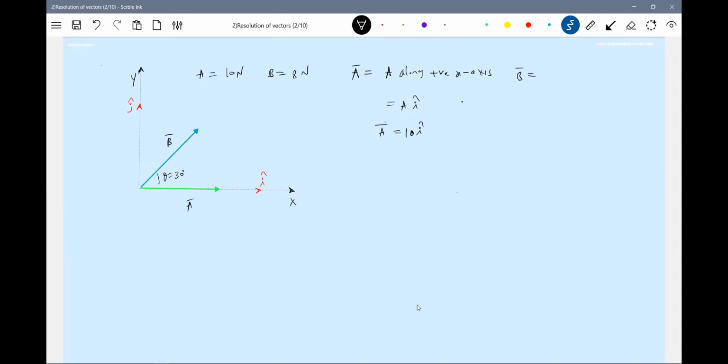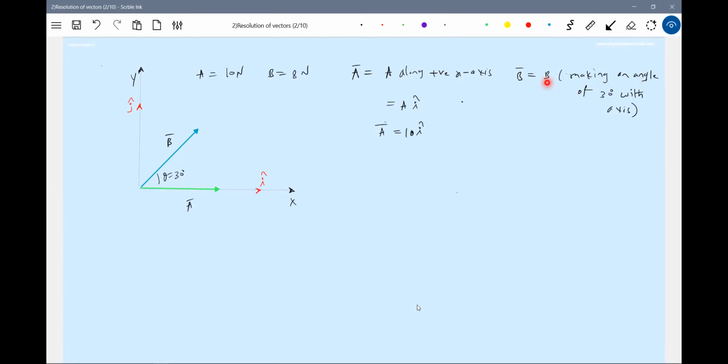B bar equal to B, making an angle of 30 degrees with the x-axis.